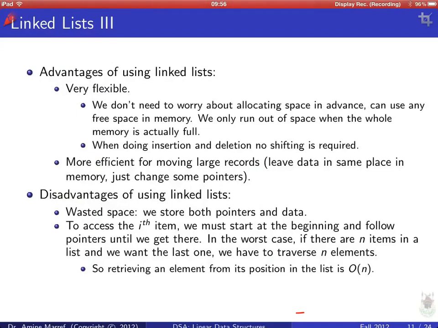So we want to access C, and C is at location 100. How do we know 100? Where do we get it from? From B, yeah, exactly. So we need to be at B, and B is 300. But how do we know B is 300? From A, exactly. And A is at 200. 200 we know.